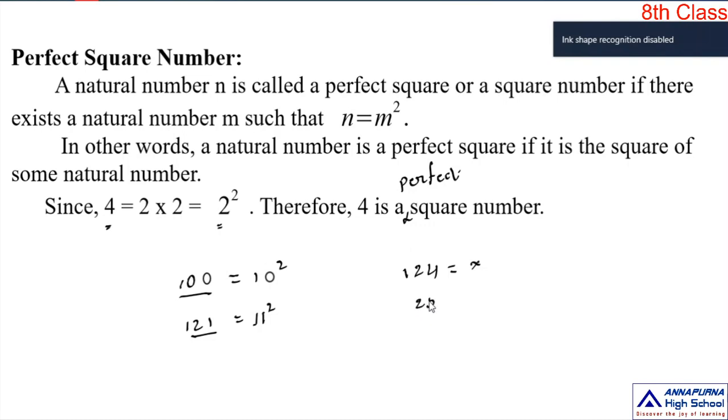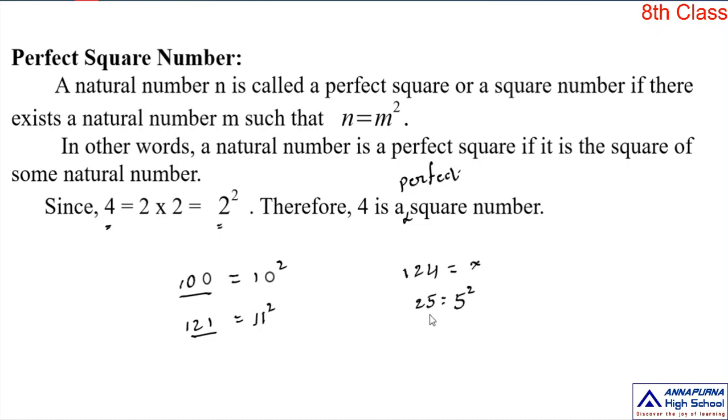Let us take 25. Can we express this 25 as a square of any natural number? Yes, we can express this 25 as 5 square. So this 25 is a perfect square number, and it is the square of 5.